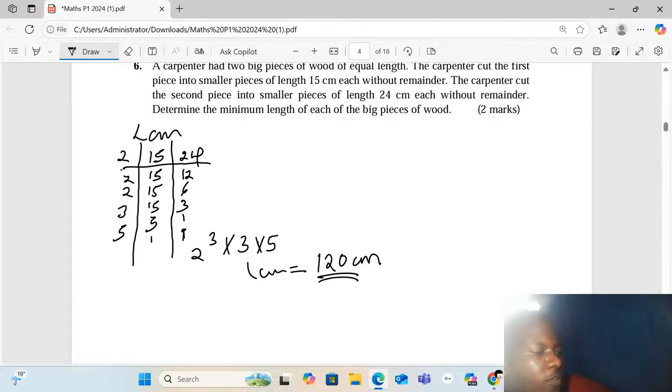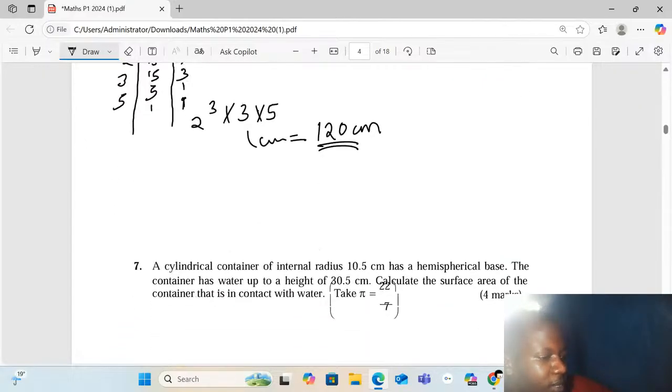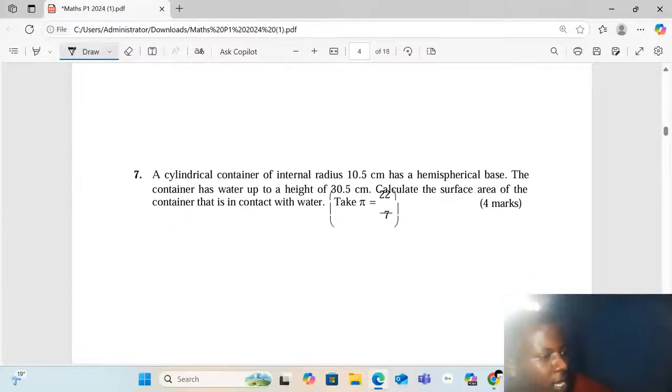We can move to question number 7. A cylindrical container of internal radius 10.5 centimeters has a hemispherical base. The container has water up to a height of 30.5 centimeters. Calculate the surface area of the container that is in contact with water.